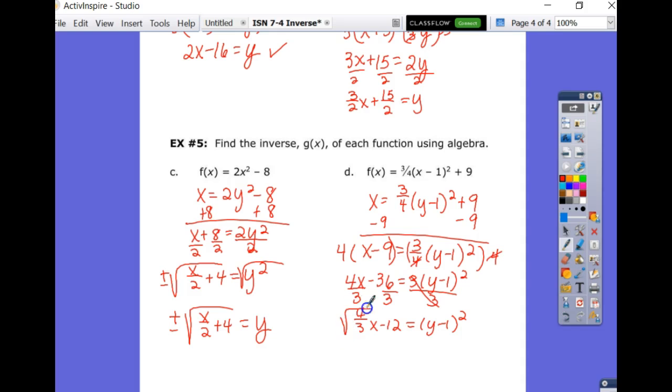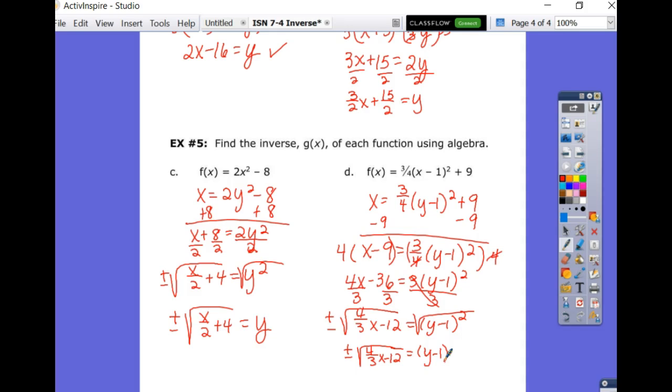And what did we say goes in front of the square root? Plus or minus here. So that leaves me with y minus 1. Is the y by itself yet? What do I have to do to get the y by itself? I have to add 1. And before you add the 1, let's be careful where we put it.